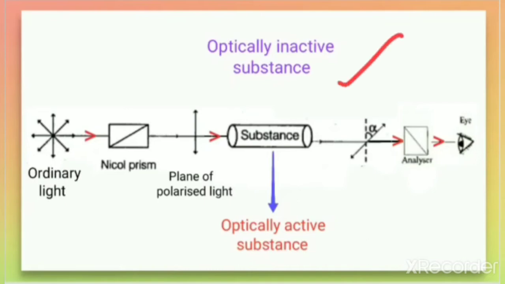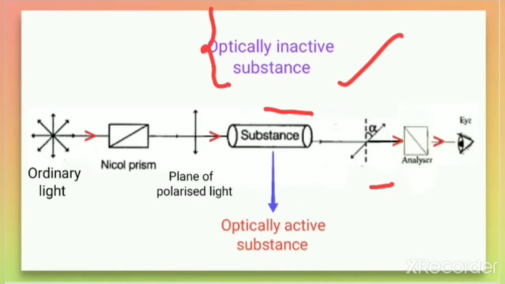So in this figure you can find that the plane of polarized light is rotated by an angle alpha. So we can say that the substance taken here in the sample tube is optically active. If the substance does not rotate the plane of polarized light, then it is called optically inactive.